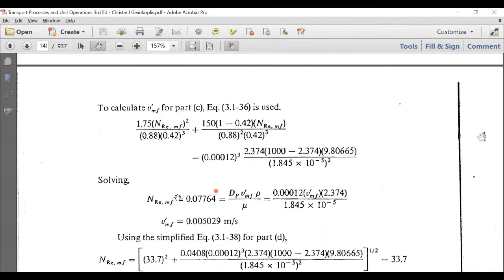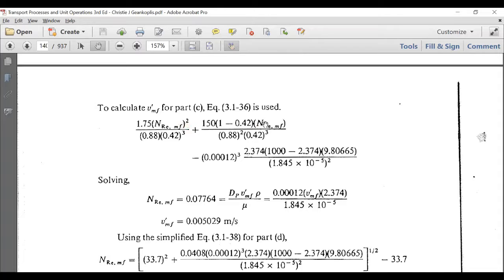Actually you can just substitute these equations into this, but then again you have to fill dp, density, and mu in all these two terms. So it's a little bit more confusing and complicated.